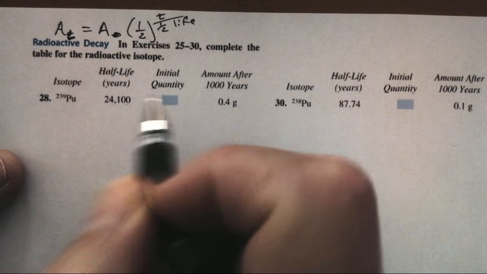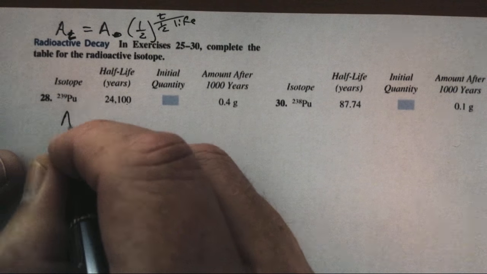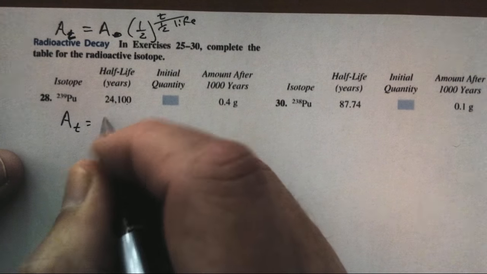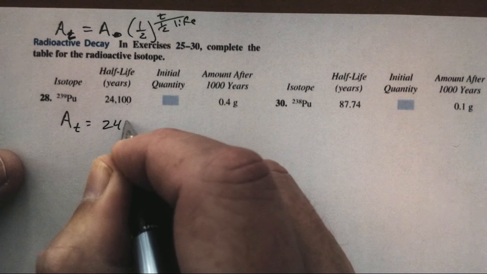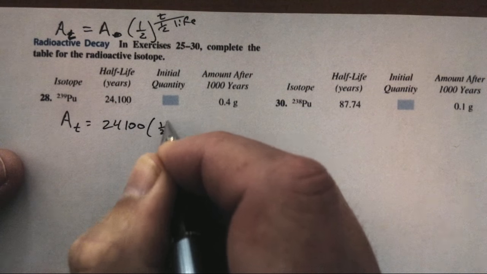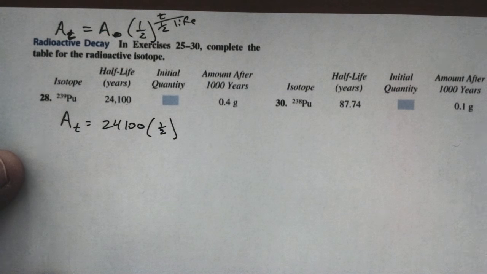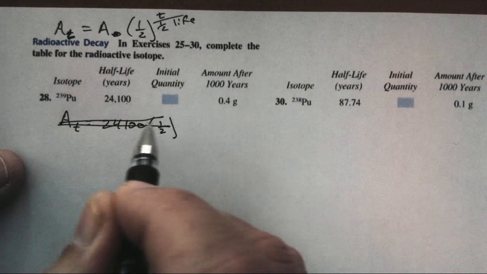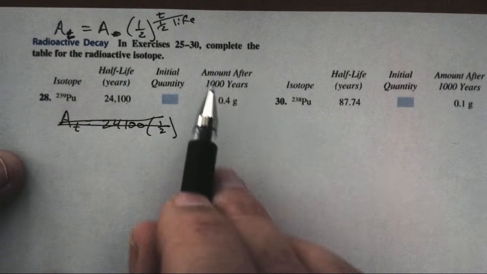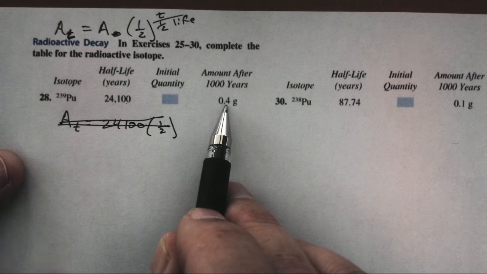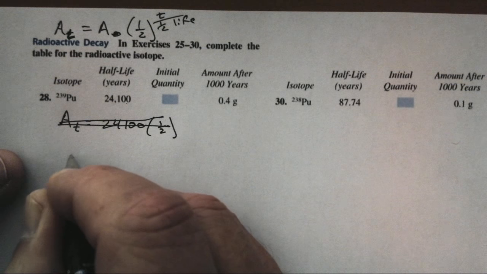But we don't know the initial quantity. This is good news. Amount at time t equals, we start with 24,100. We start multiplying by halves. How many halves do we multiply by? Oh, wait a minute. Don't know the initial quantity. Mistake. We know what we have after 1,000 years. So after 1,000 years, we end up with 0.4.